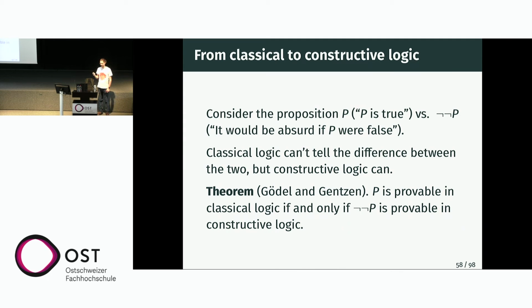And they proved that P is provable in classical logic if and only if not not P is provable in constructive logic. So that actually means that, rather than being weaker than classical logic, constructive logic is more precise or more expressive, because it can make the distinction between these two statements, while classical logic cannot make a distinction.